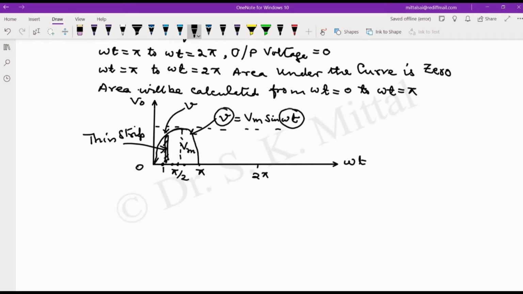And since we are considering a thin strip, the thickness of this strip we will consider a very small value, d omega t, a differential value.